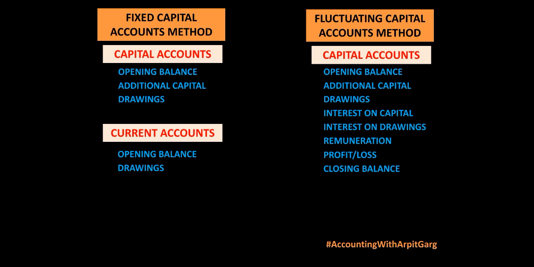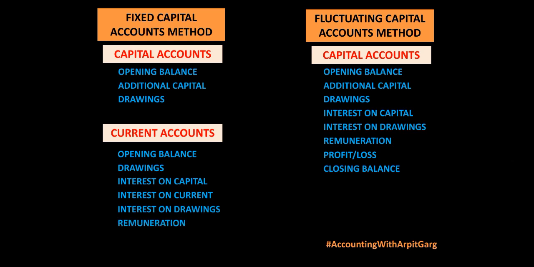Then, interest on capital, interest on current account, interest on drawings, remuneration, profit or loss, and yes, at last our balance c/d, that is the closing balance of both the accounts. Now, one point left here is drawing.